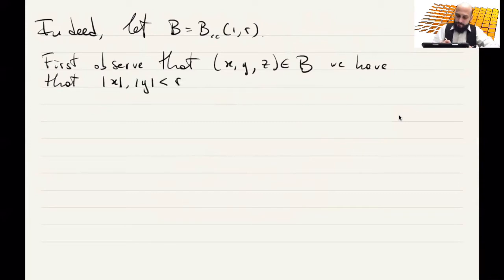Since when you have a point x, y, z, if the distance is less than r, it means that there is an admissible curve of length less than r, which means that when I project, since this curve has exactly the same projection, I connect the origin and the point xy with a curve of length less than r.